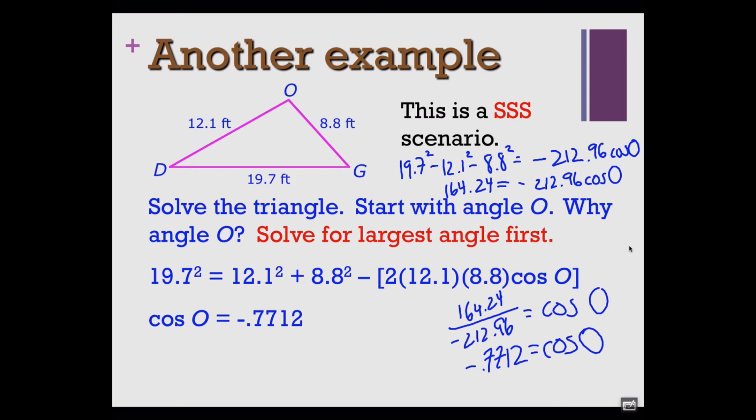If it's bigger than 1 or smaller than -1, you did something wrong. This number's okay. Get rid of the cosine by taking the inverse cosine of both sides. What's the inverse cosine of -0.7712? 140.46 degrees. Beautiful.